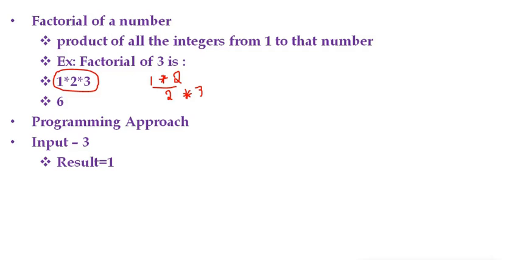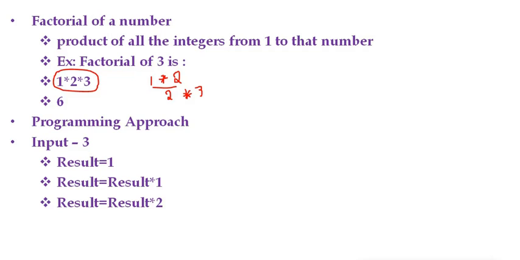So for that, in the program I am taking a variable result and I initialized it with 1. Then my expression is result equals result into 1. Initially result was initialized with 1, and if you multiply any number with 1 it gives the same number. Next I multiply my result with 2.